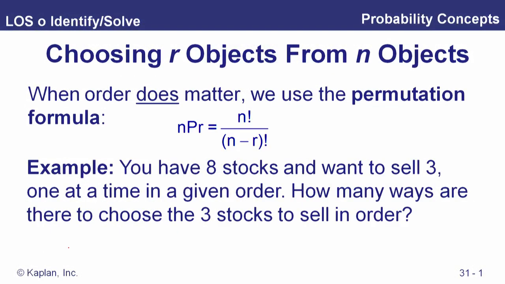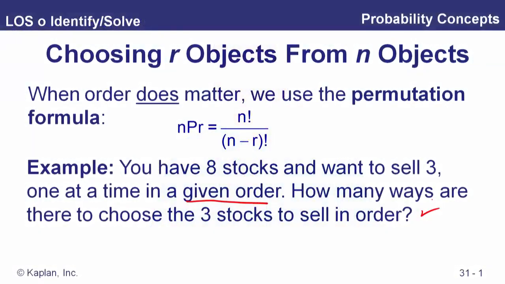Now, when order does matter, and look at the wording here, you have 8 stocks, you want to sell 3 one at a time in a given order. How many ways are there to choose the 3 stocks to sell in order? So this is going to be more than the number of groups of 3, because now each group of 3 can be ordered in different ways.